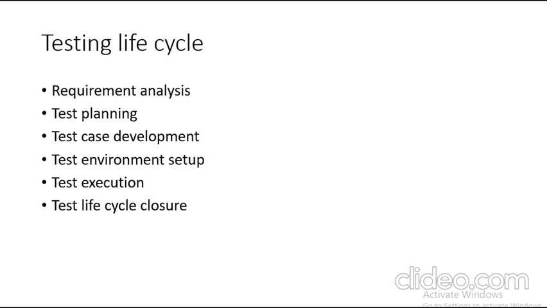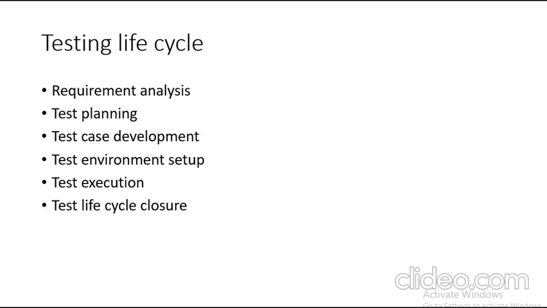So all these things are reported to supervisor or manager. Prepare test metrics based on time execution, effort, test coverage, cost, quality, etc. Prepare the test closure report for a successful testing.